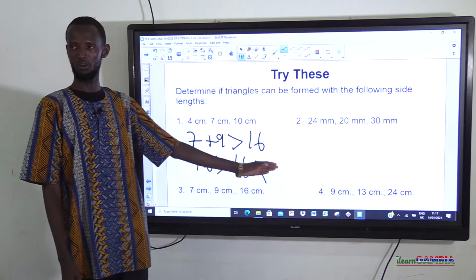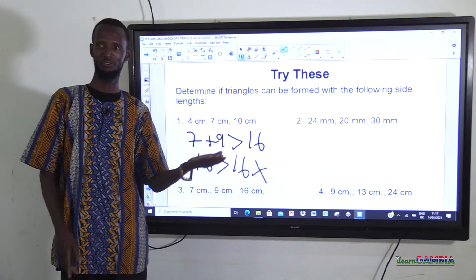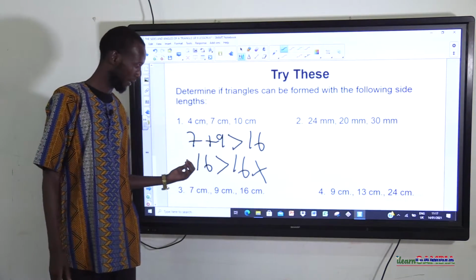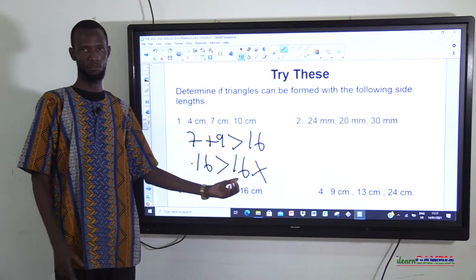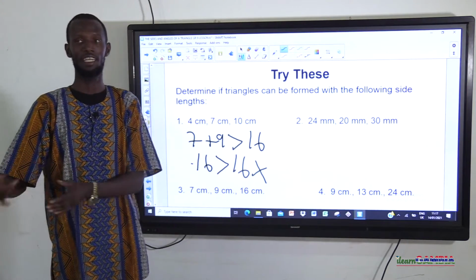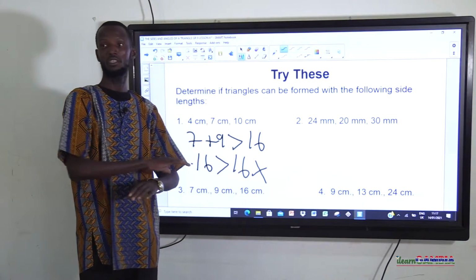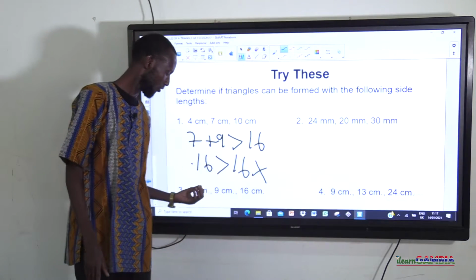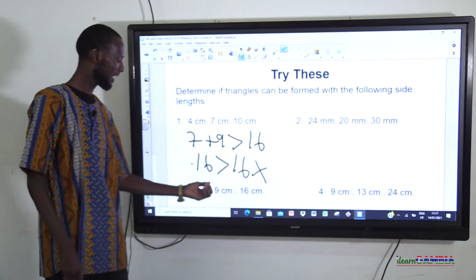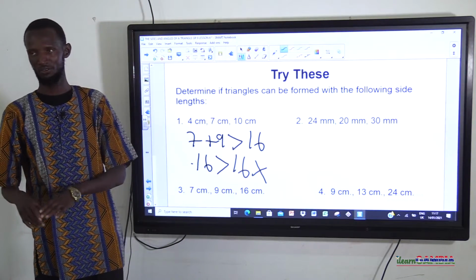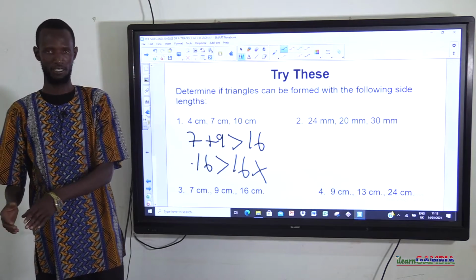So if one doesn't work, there's no need to go through the rest, because whatever you get in the end, this one has already disqualified it from working. So once one scenario doesn't work out, we know that's out. So these numbers, 7 centimeters, 9 centimeters, and 16 centimeters, definitely cannot form a triangle. You can conclude based on that, all right?